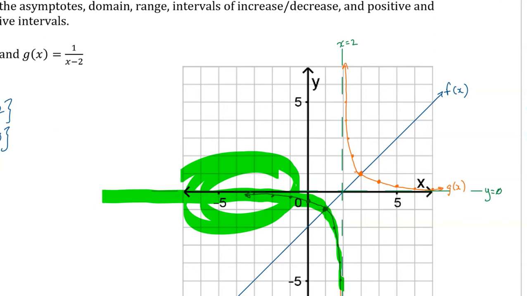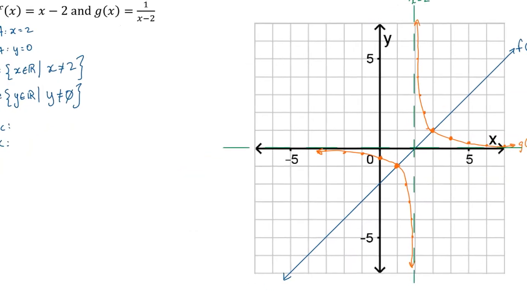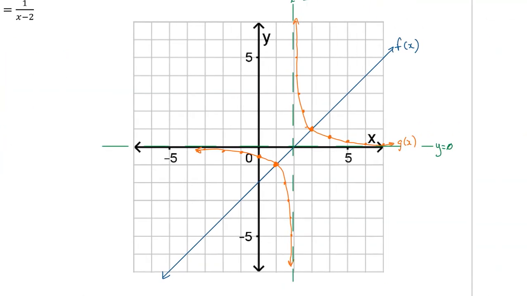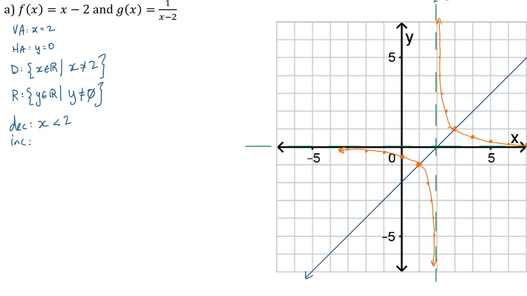So going left, it's getting bigger, which means going right, it's getting smaller. Okay? So that is an interval of decrease. So when x is less than 2, and then it doesn't exist, and then we start up here, and it's still decreasing? Do you agree? So decreasing again here. X greater than 2.